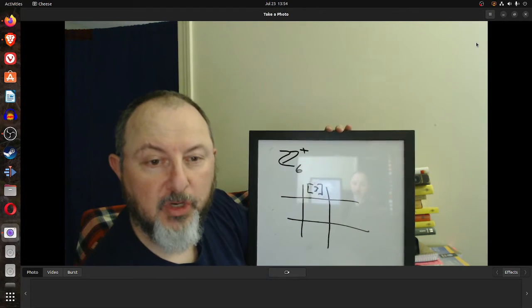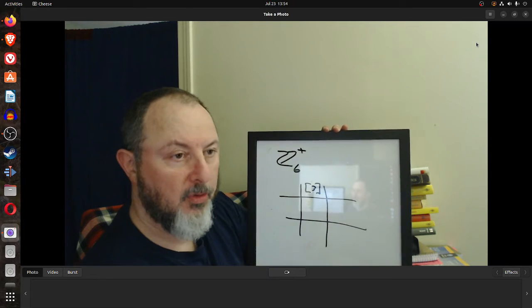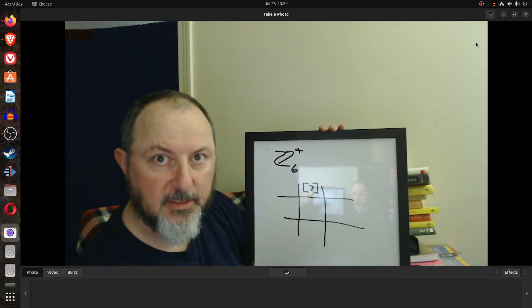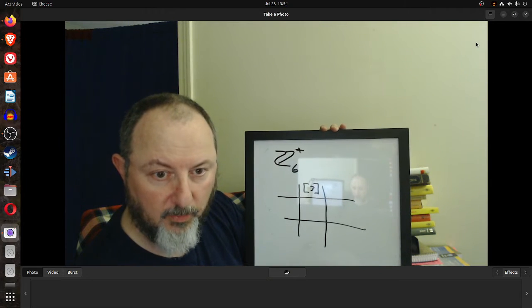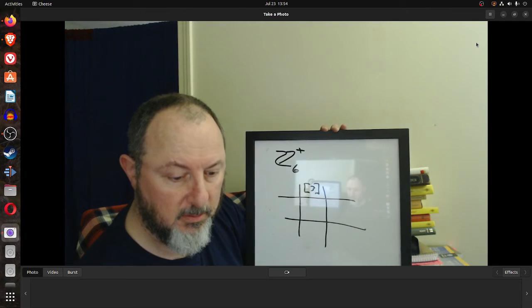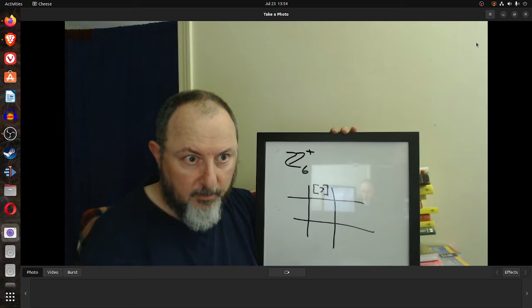If you do 3 plus 3, you get 6, and 6 is congruent to 0 mod 6, because 6 minus 0 is divisible by 6.